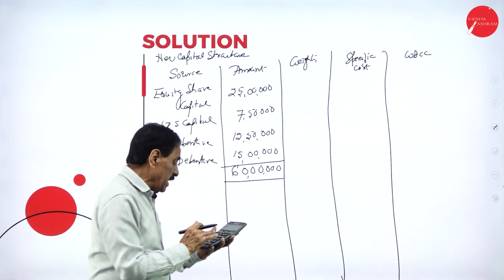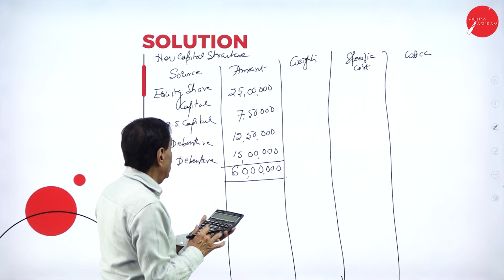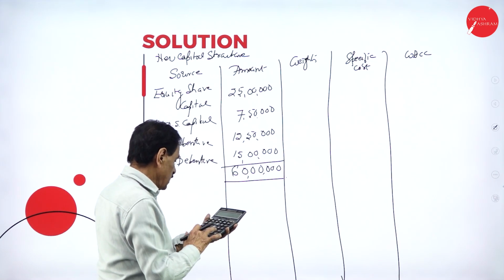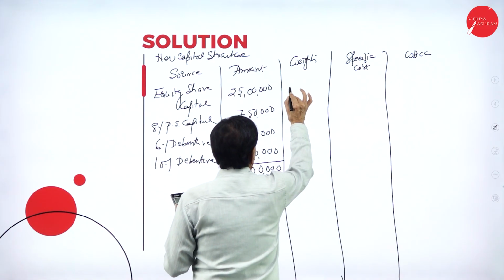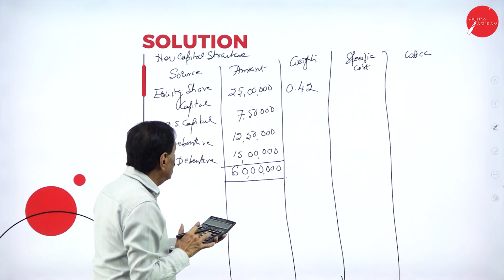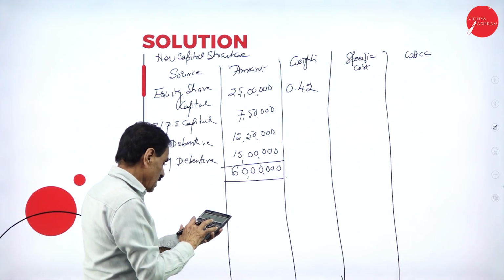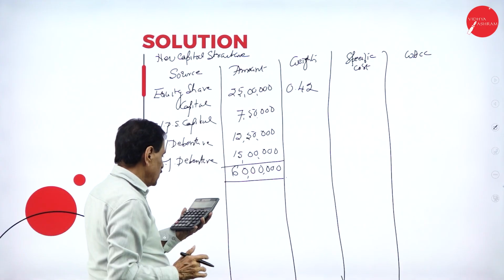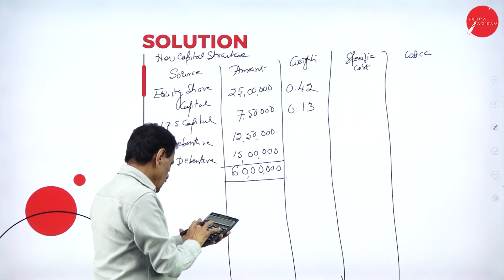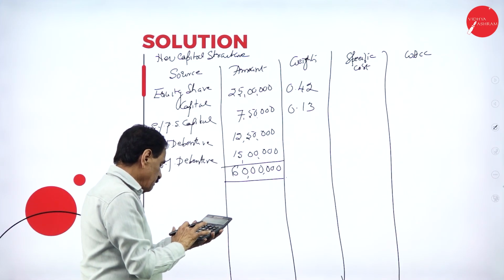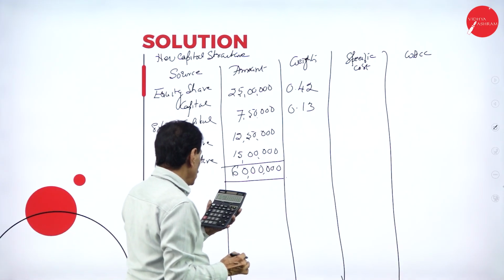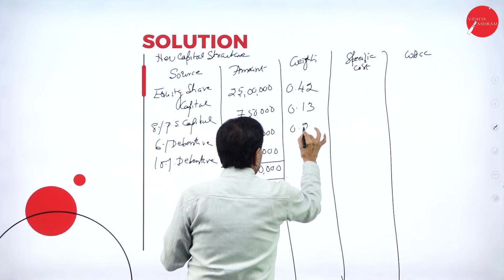Now we have to find out the weights. 25 lakh, 25 divided by 60, 0.42. Then 7,50,000 divided by 60, 0.125, you can say 0.13. 12 lakh 50 divided by 60, 0.208, about 0.21.